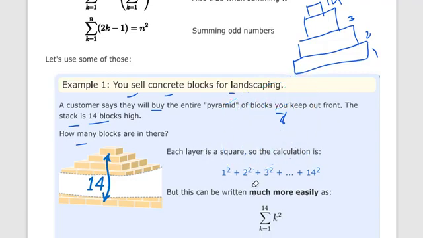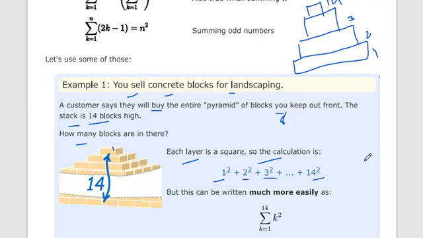So each layer is a square. The first layer is 1 square, meaning 1 block. The second layer is 2 square. The third layer is 3 square. It is a square if we see from the top, and this is 14 blocks high, so our sequence will go up to 14 square.